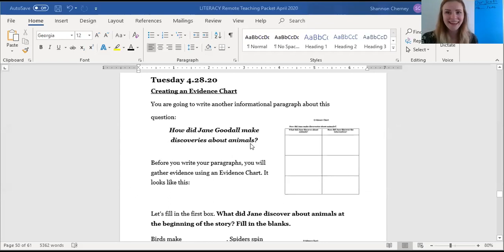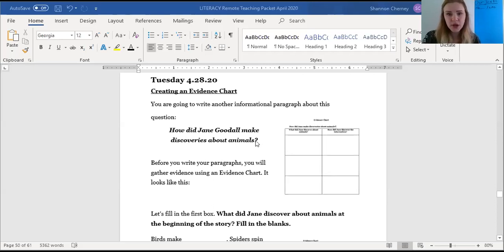Let's read that again together. Remember, when we see a question, we always read it 2 times. So let's read it together on 2, starting with the word how. 1, 2. How did Jane Goodall make discoveries about animals?